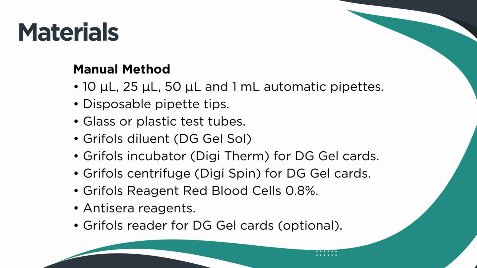Optionally, the Grifols reader is a handy tool, but we don't have that. These materials for our manual method can give us efficient and effective results, setting the foundation for good testing outcomes. But it's really up to your skill also, especially for pipetting, so you should perform it well.